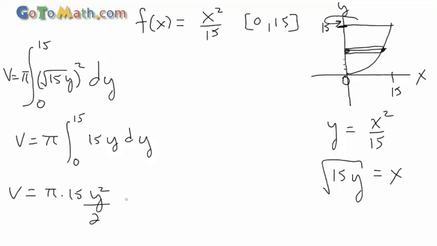You can make it as complicated as you want. 0 to 15. So we just took the integral of that, put 2 down below, and now we're going to plug in our limits. So we have pi times 15 times 15 squared over 2, minus, then plug in our lower limit, which happens to be just 0.